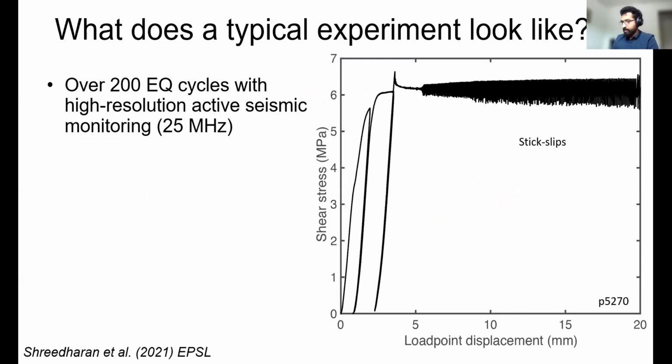Okay, so once I run all my experiments, this slide is just showing you what a typical experiment looks like. The plot shows fault strength on the y-axis and displacement on the x-axis. The number on the bottom is just an experiment identifier, so you can ignore that.